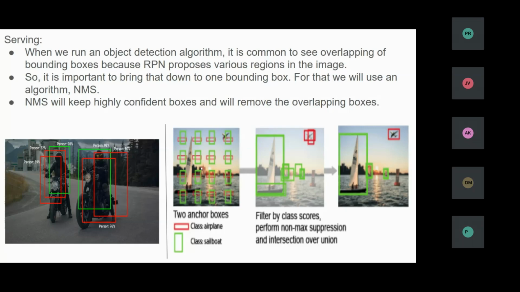RPN meaning region proposal network. So it is important to bring that down to one bounding box. For that, we will use an algorithm called NMS, non-max suppression or non-maximum suppression. Non-maximum suppression will keep the highly confident box and remove the overlapping boxes.